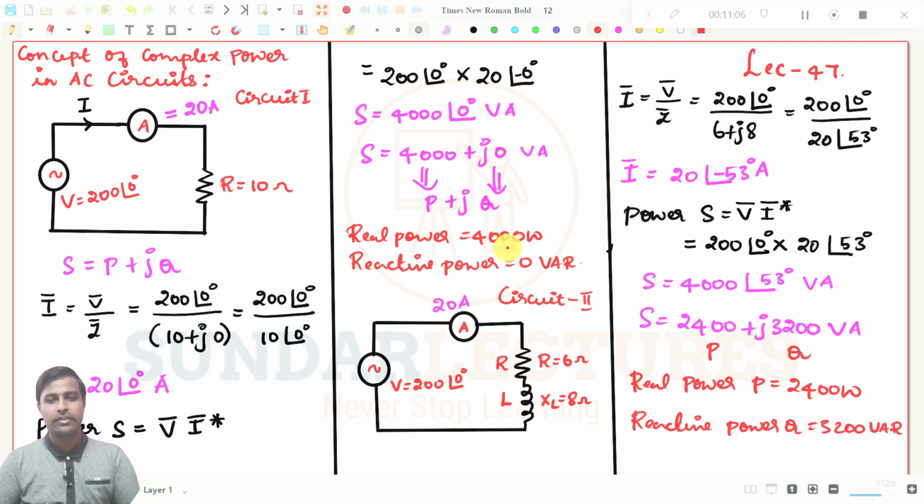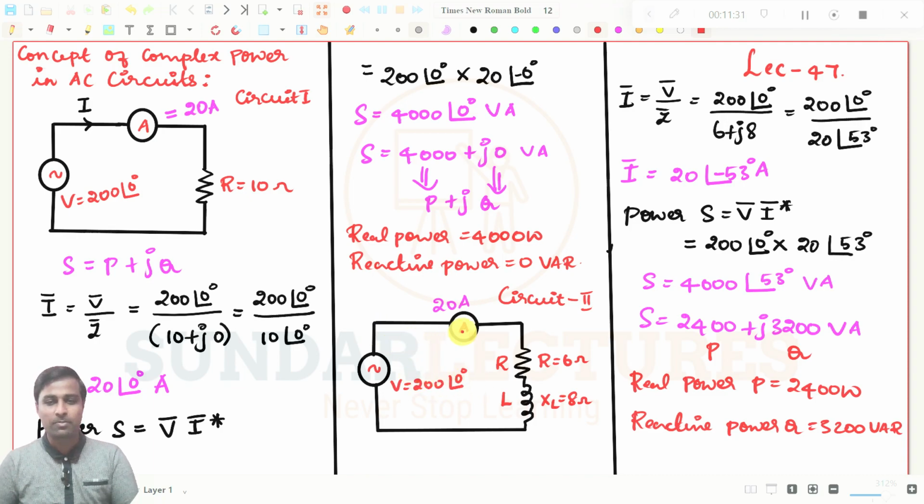I am giving 4000 volt amperes to a particular load. Maybe you take this as consumer number one. This consumer is utilizing 100% of the volt amperes, but this consumer is not utilizing 100% of the volt amperes, but both of them have to pay the same amount.